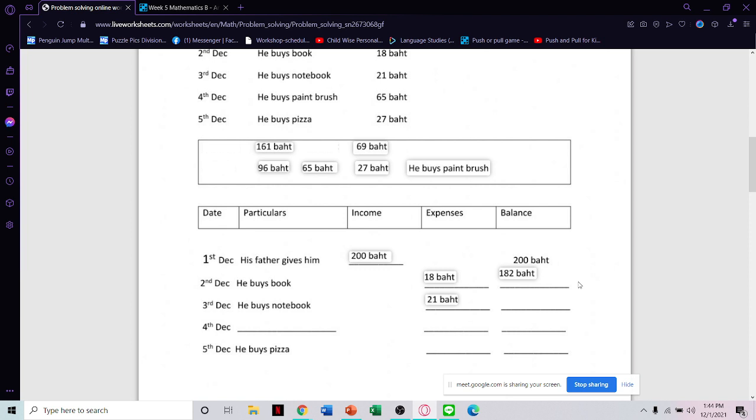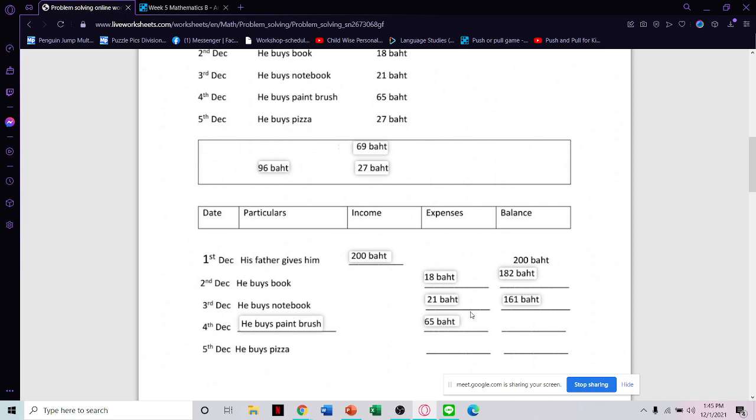It will be 182 minus 21 is 161. Yes. And then on December 4th, he buys a paintbrush for how much? 65 baht.